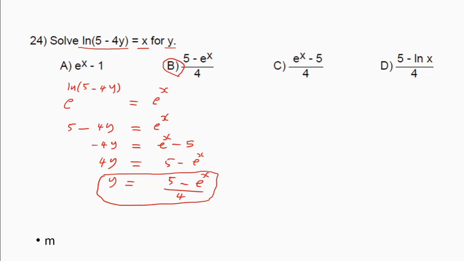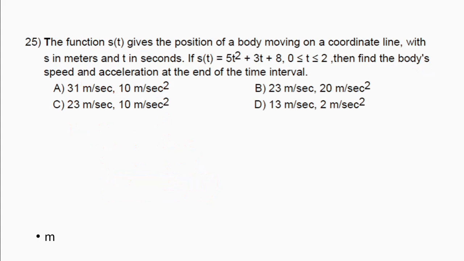Okay, let's get done with the last problem. The function s of t gives the position of a body moving on a coordinate line, with s in meters and t in seconds.